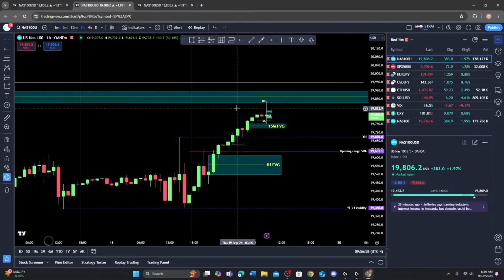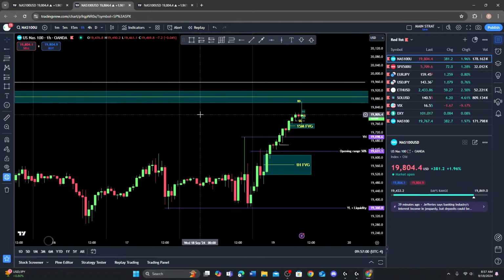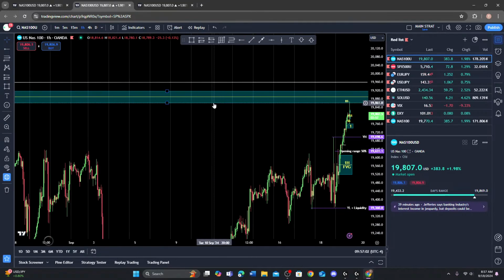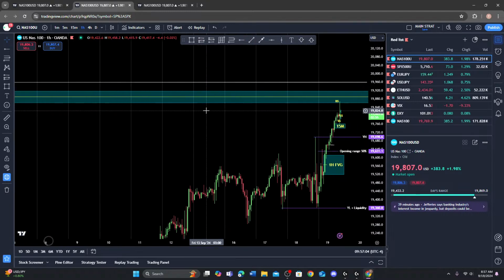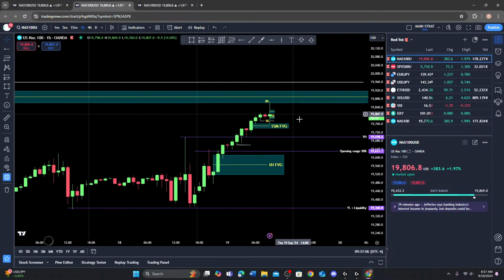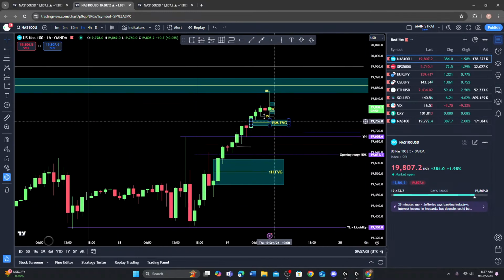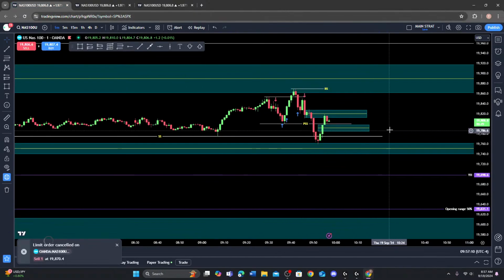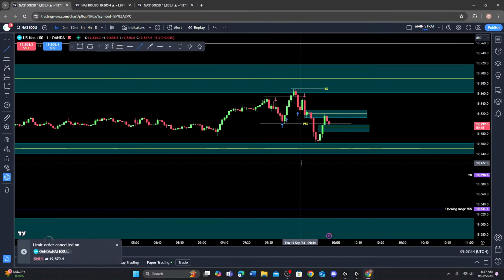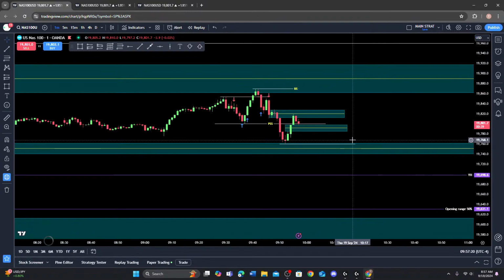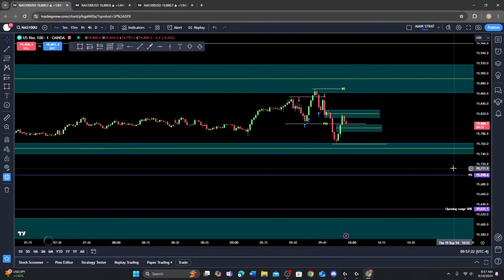Looks like we just went up into that order block on the 1 hour. So I guess we'll look at structure here. So what do we have? We have sell side here that bounced off of that 15-minute order block, or I'm sorry, fair value gap.